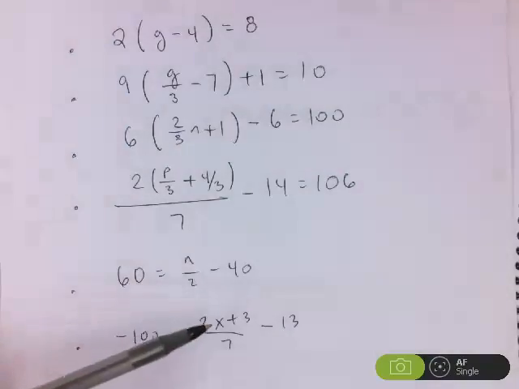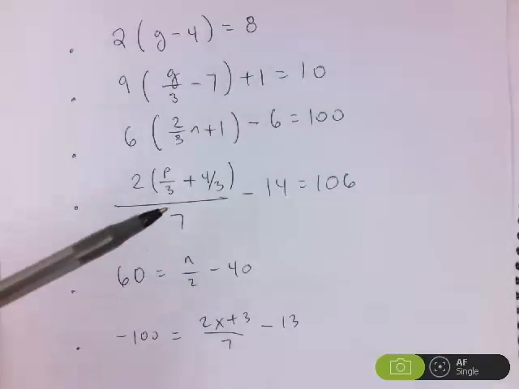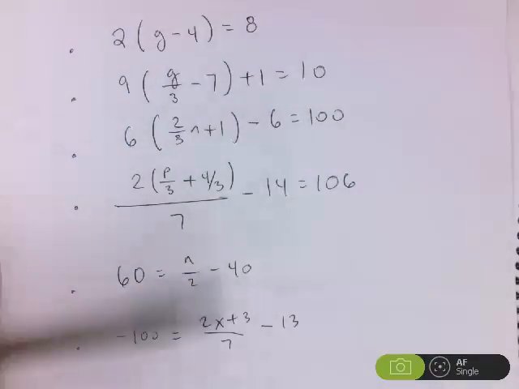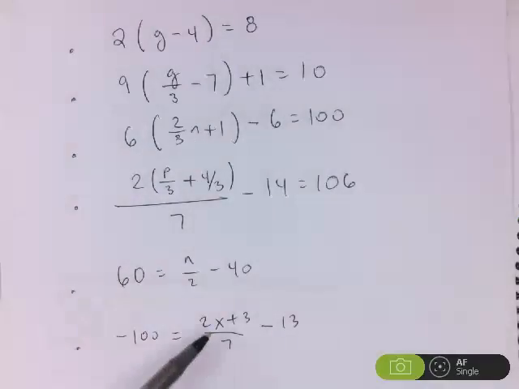I don't have x's or n's or p's or g's clutter all about in my equation. I've just got a single letter, because basically I can't do forward, backward. There's nothing to reverse from if I don't have a single letter.